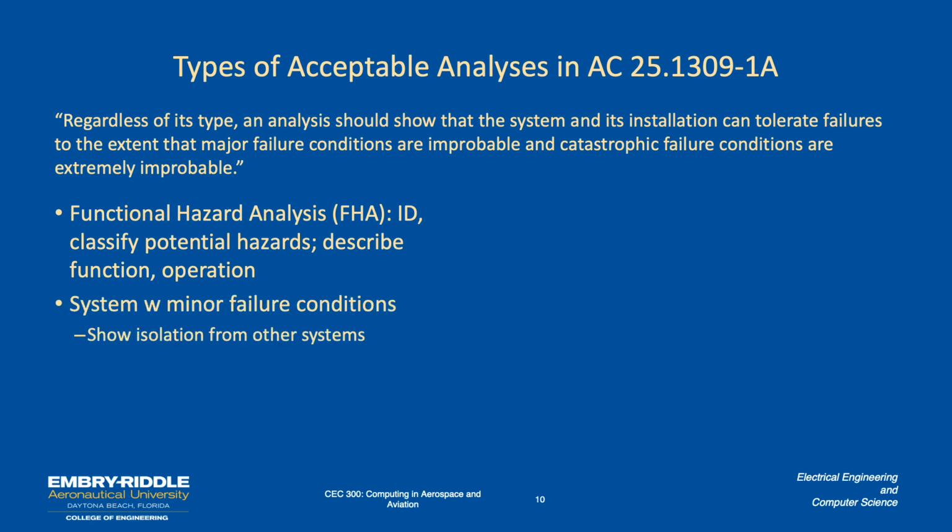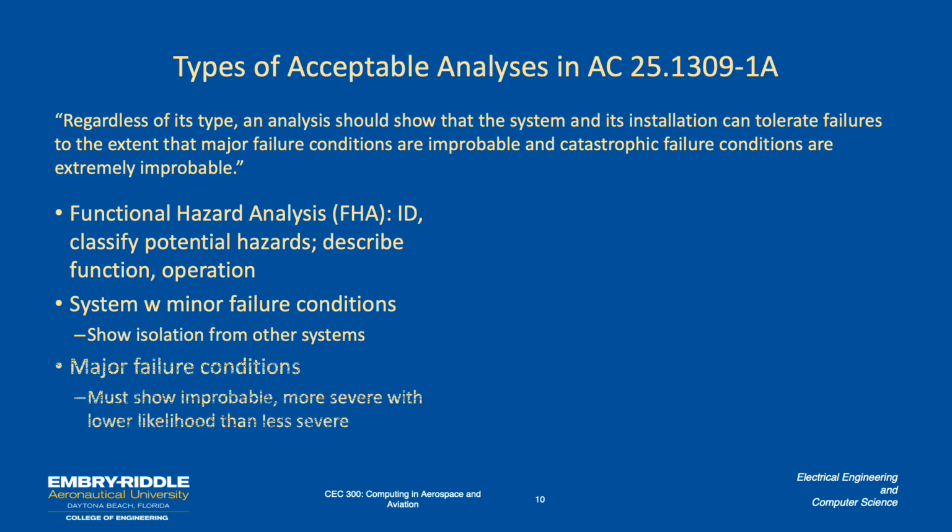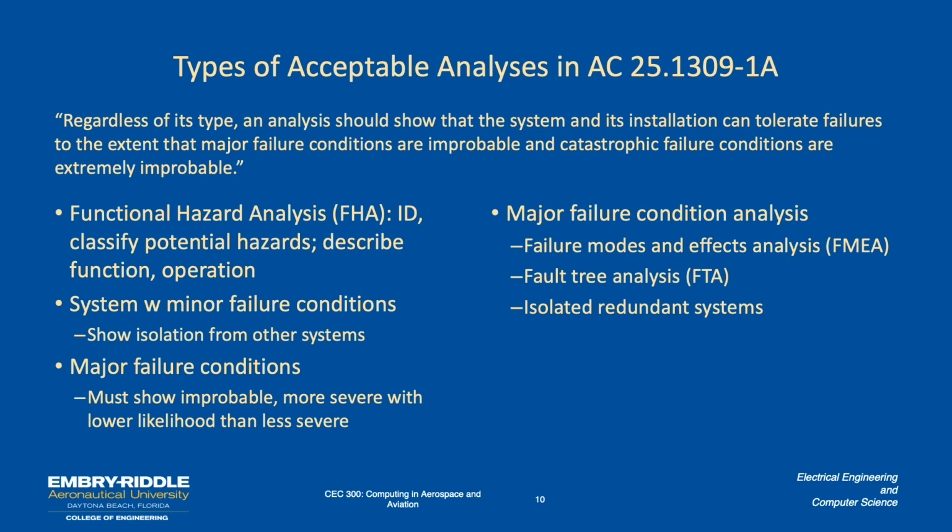If you can demonstrate that the minor failure conditions for a system are isolated from other systems, you're good enough. If you have major failure conditions, you have to show that it's improbable. And you have to show that the more severe ones are lower likelihood than the less severe ones. The major failure condition analysis comes after the functional hazard analysis, and it can be done with a FMEA, failure modes and effects analysis.